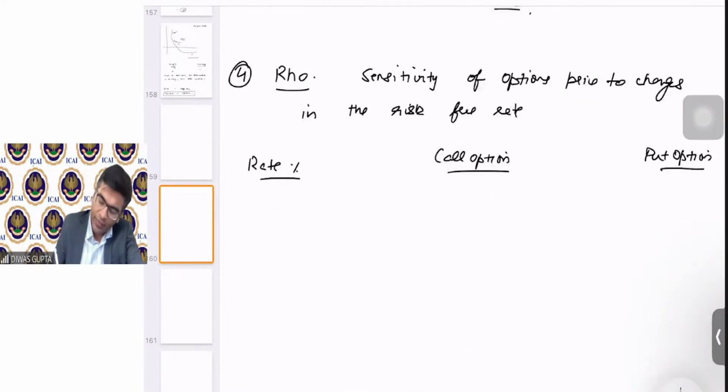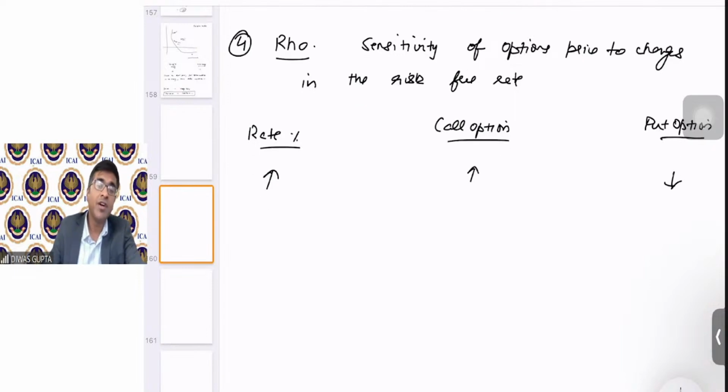Correct. So the rate, if it goes up, the call option value will also go up and put option value will go down. It has an inverse relationship, students. If the rate goes down, call option will also go down.